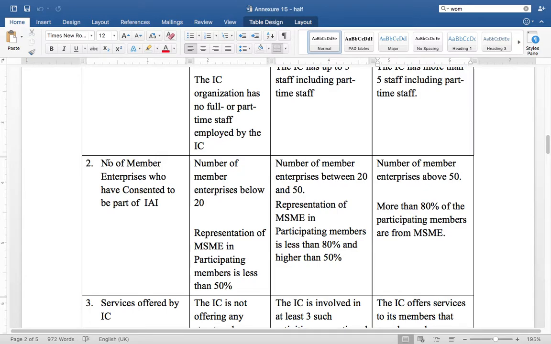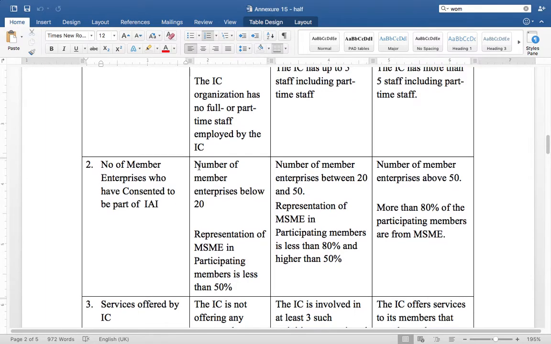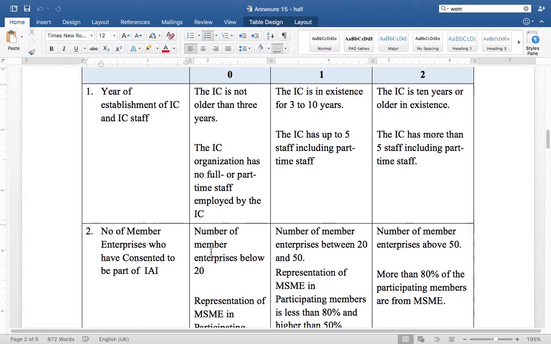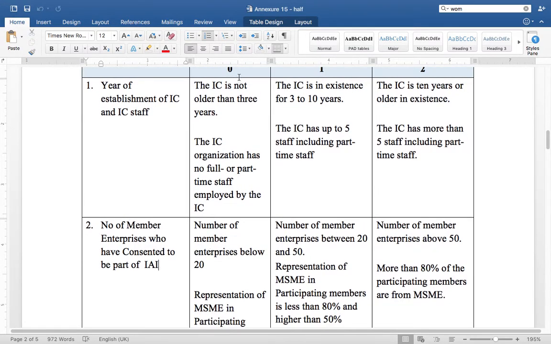Let's take one question: number of member enterprises who have consented to be a part of IEI. That means the number of support letters collected and mobilized by the industry cluster as part of its application. So let's say the number of support letters is less than 20, in such case 0 marks.